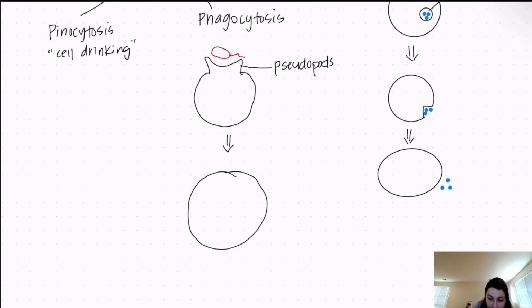So then I have a little vesicle with my little red bacteria in it. And then we fuse with the lysosome. This is the lysosome. The lysosome is an organelle that has a bunch of digestive enzymes to break everything up into teeny tiny pieces.